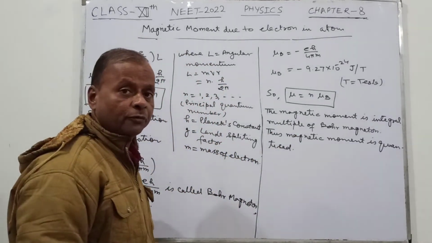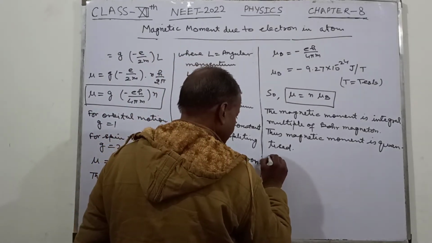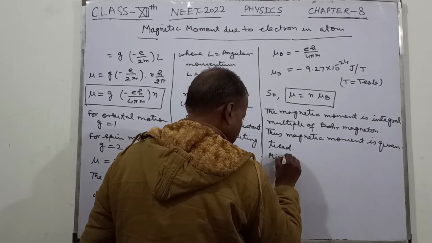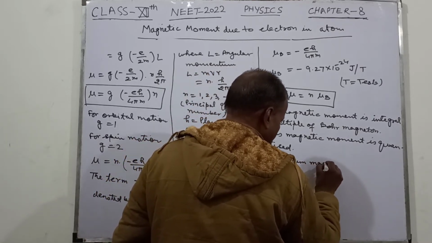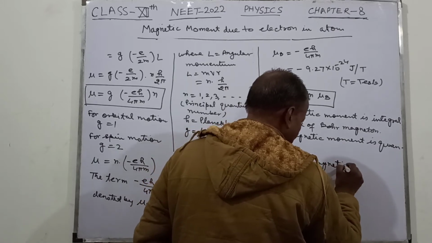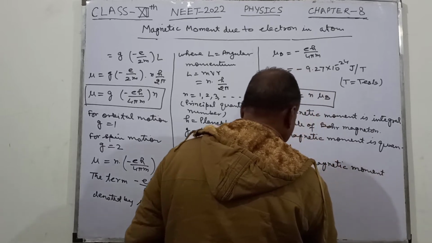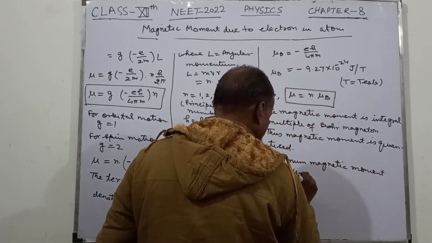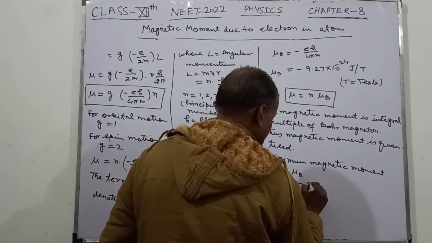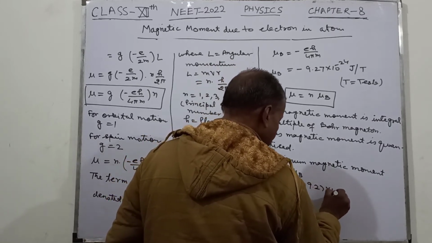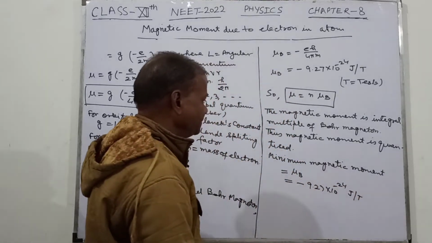So what is the minimum magnetic moment? The minimum magnetic moment is equal to μ_B, which is minus 9.27 into 10 raised to the power minus 24 joule per Tesla.